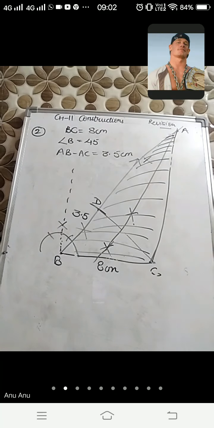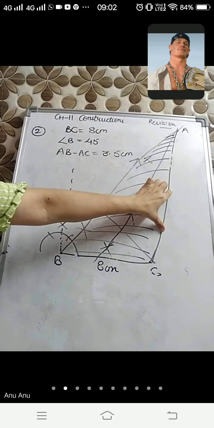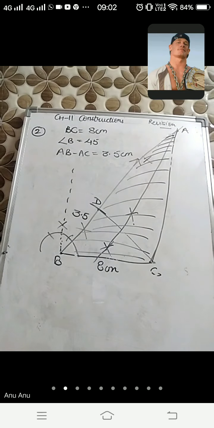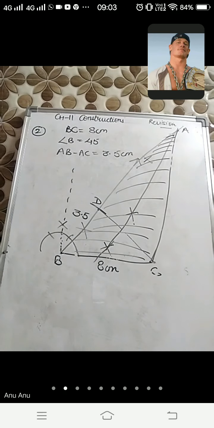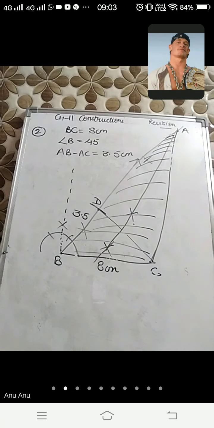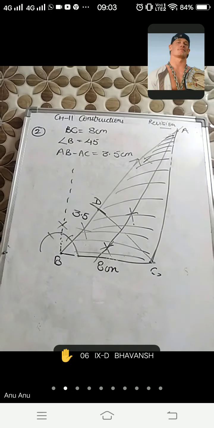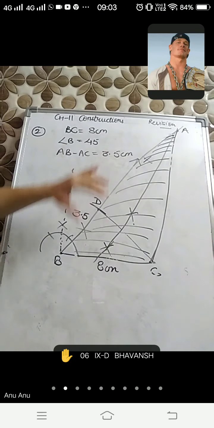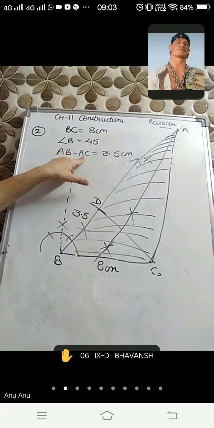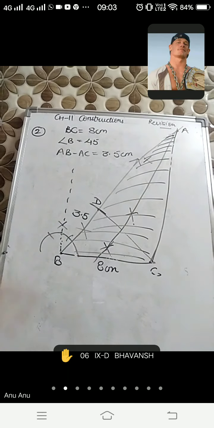This is your triangle ABC. And the difference of AB and AC must be 3.5. You can check it. In the justification, you can check the measurement of the two sides and the difference must be 3.5. If little bit change is there, you please modify it and write the answer as 3.5. Always remember this, that in case of plus, triangle will be formed inside, but in case of minus, triangle will be formed outside.